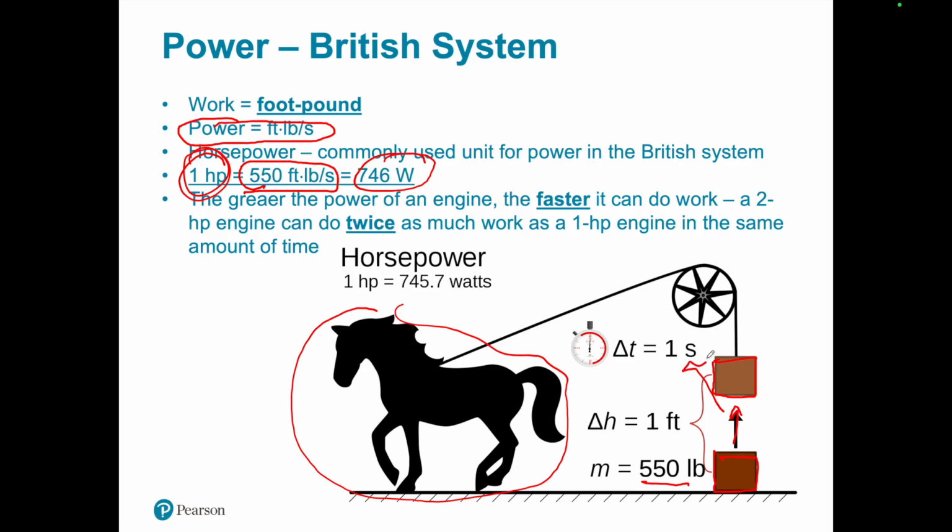So 1 horsepower equals 745.7 watts, or 550 foot-pounds per second. That's where that 550 comes from, right? A horse pulling a 550-pound weight up 1 foot in the time of 1 second, and that's a horsepower, right? So if you ever wondered where horsepower has come from, in your house, I mean, not in your house, but in your car, that's where it comes from, right?